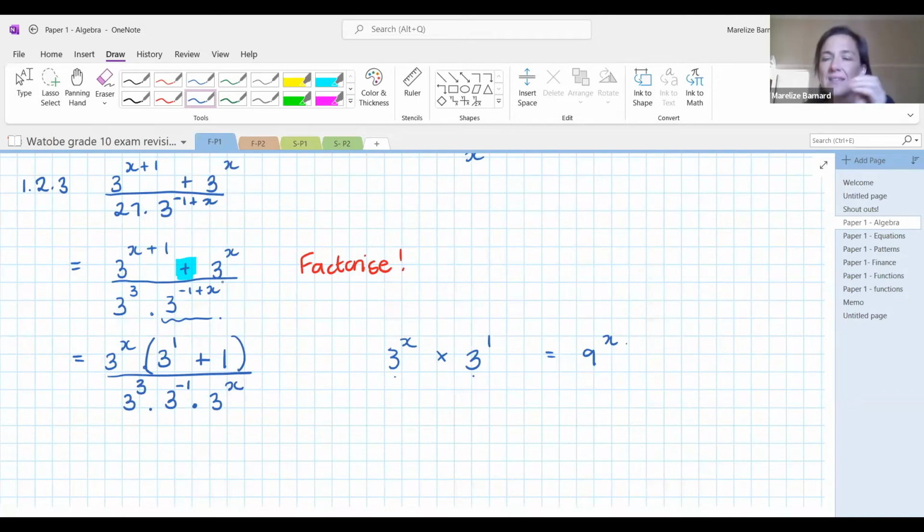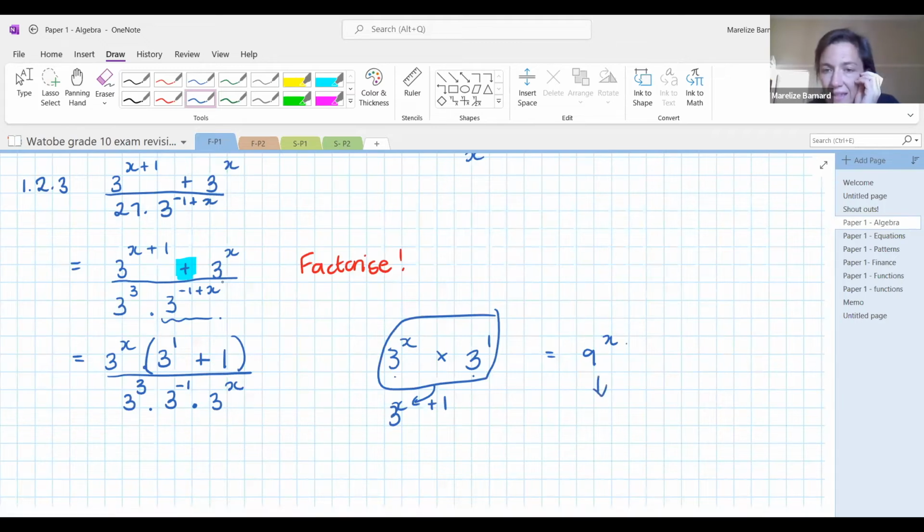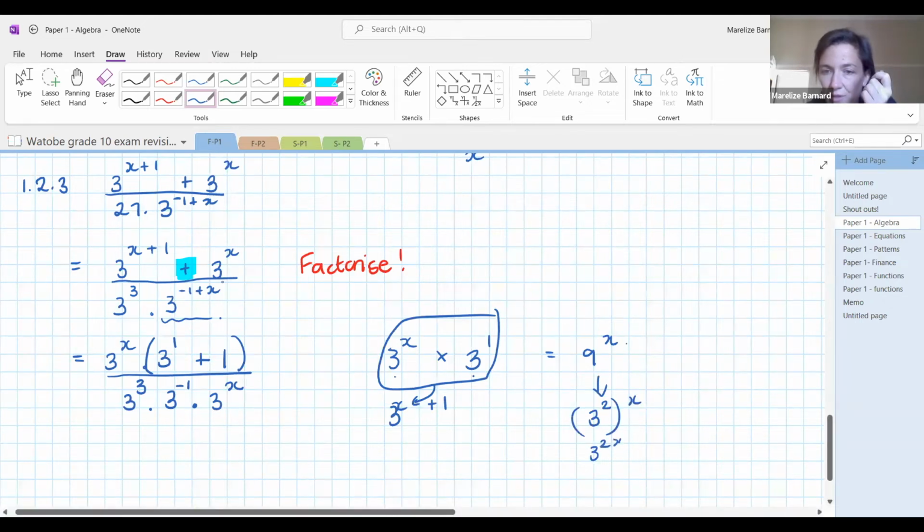The law doesn't say you multiply the bases together. So this gets us back to 3 to the x plus 1. If I change that 9, it's 3 squared to the power of x, and that is 3 to the power of 2x. Do you see it's actually not the same thing?